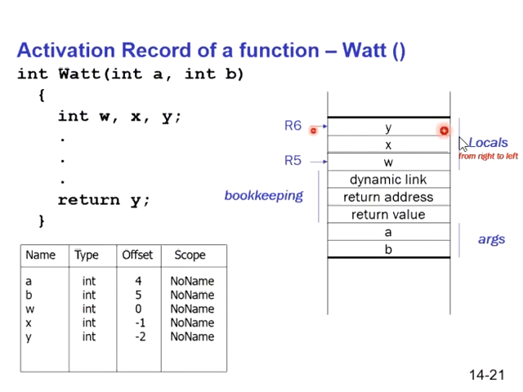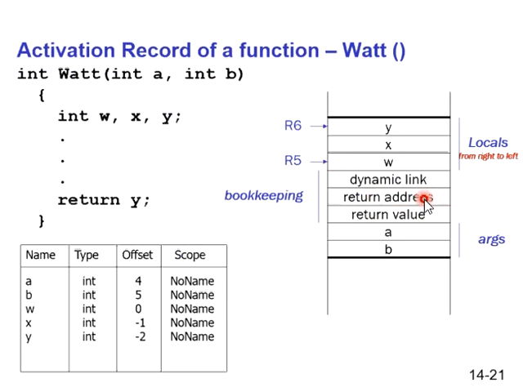The arguments in the activation record are A and B. Then you need a location for storing the return value from this function, and a return address for storing the address of the instruction of the calling function.